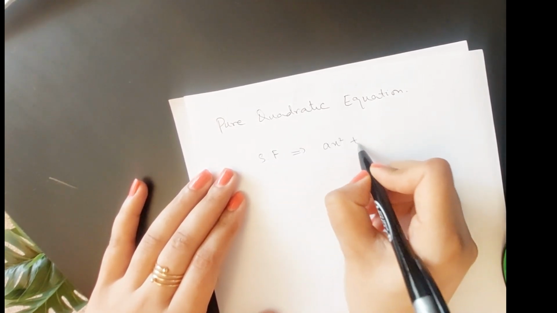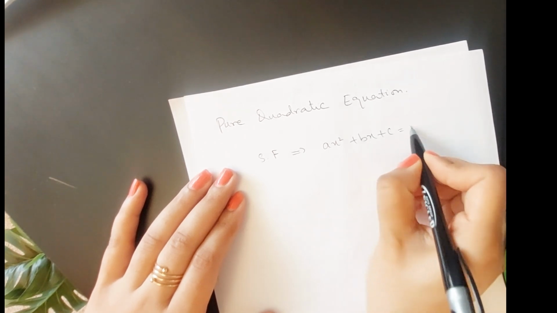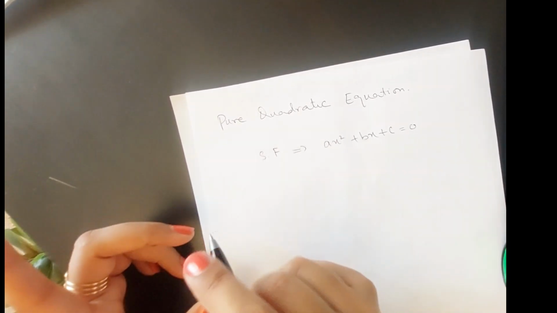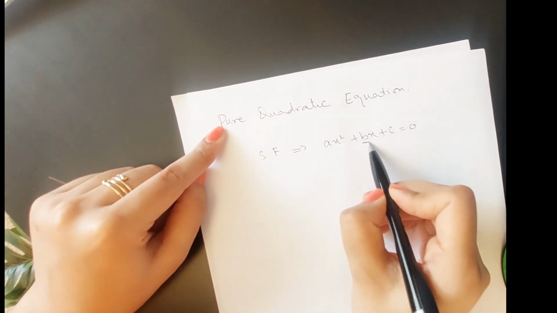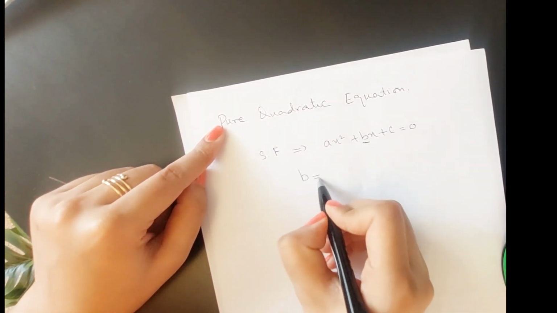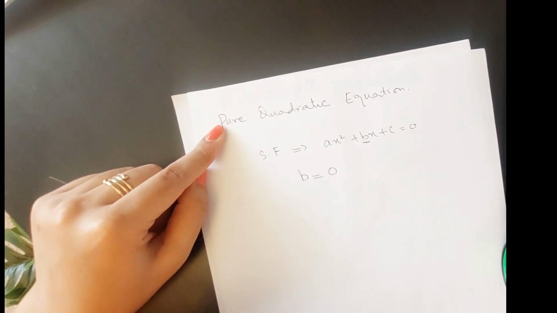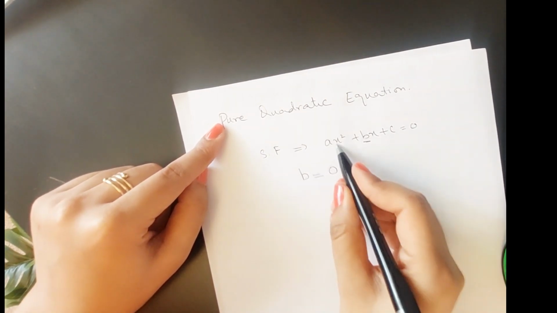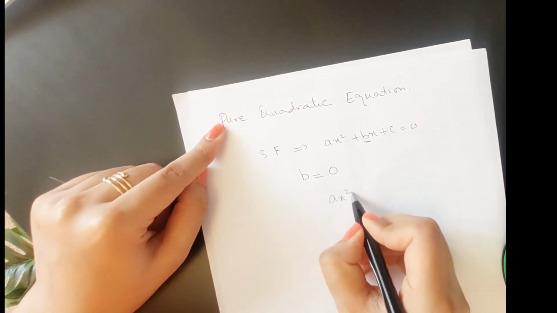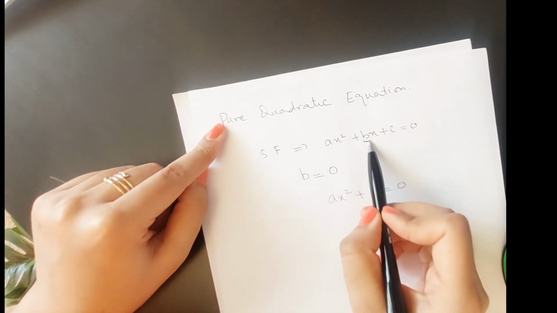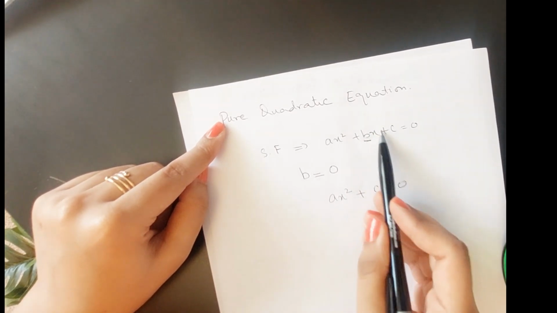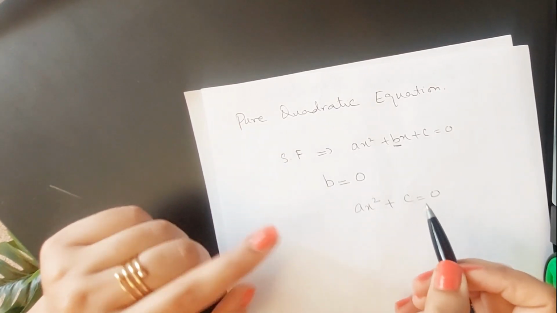Ax square plus bx plus c is equals to 0, right? This was the standard form of quadratic equation. So in pure quadratic equation, our b will be equals to 0, right? If b is equals to 0, then this equation will be ax square plus c is equals to 0, because b is 0, so this whole term vanishes.